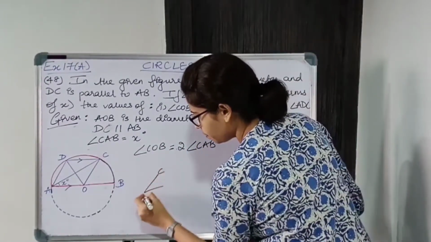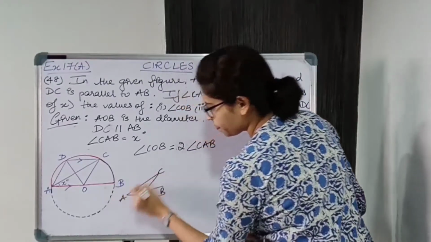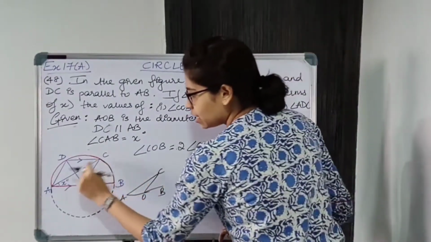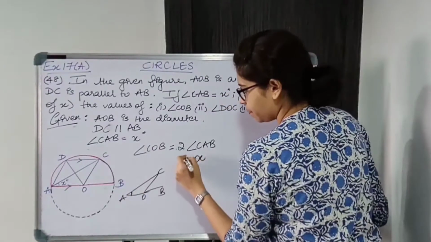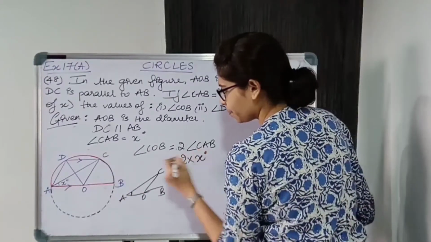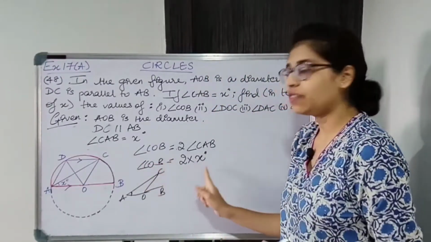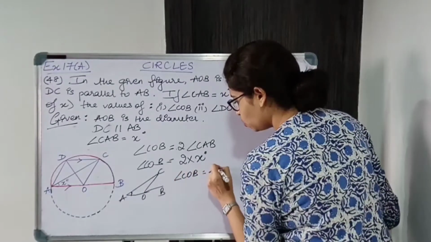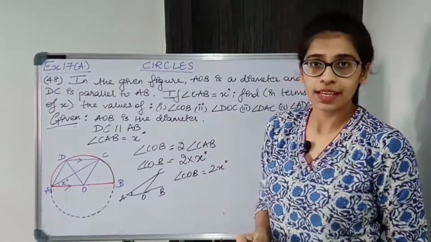COB is at the center, CAB is on the circumference. CAB I know is x. So what will angle COB be? COB will be twice x, that is angle COB is 2x degrees. So I can find COB in terms of x.